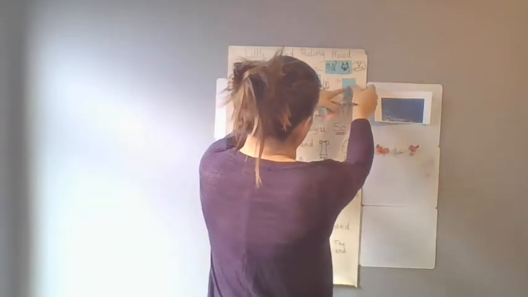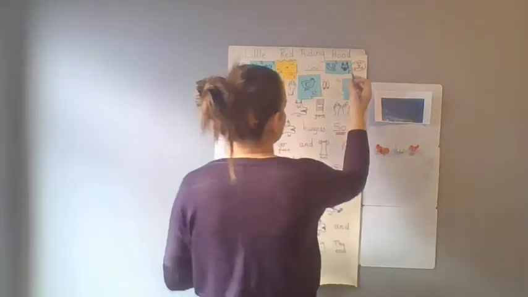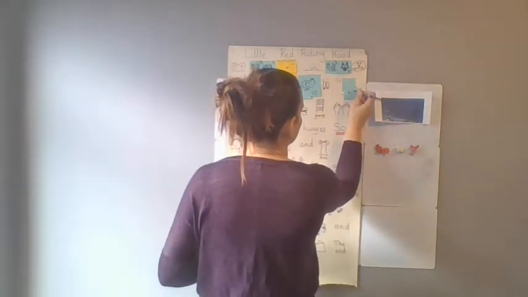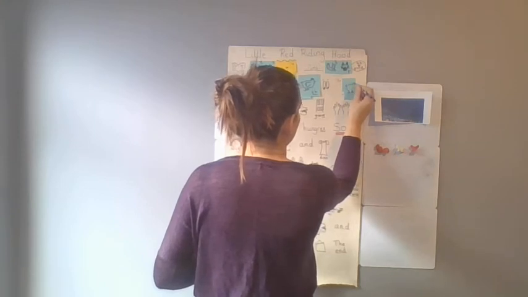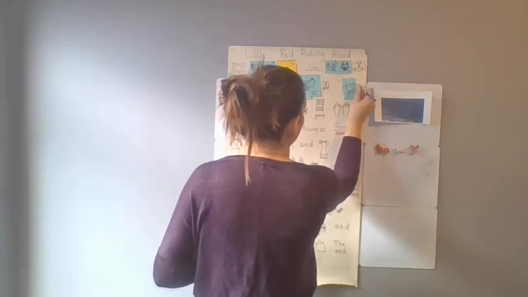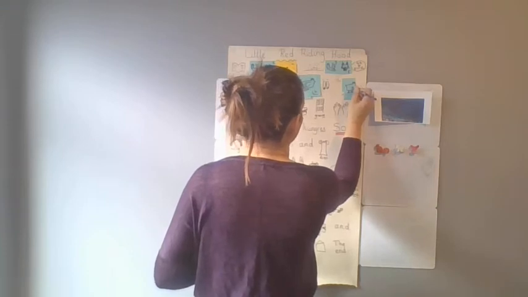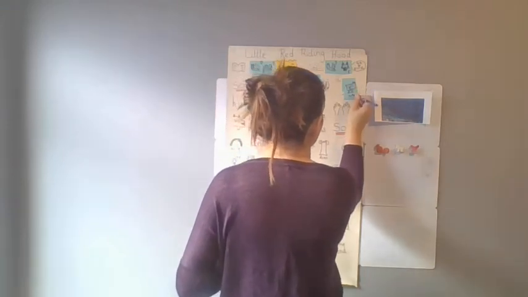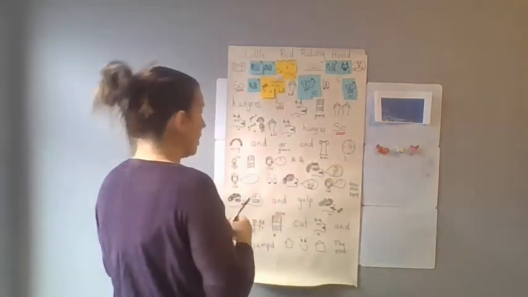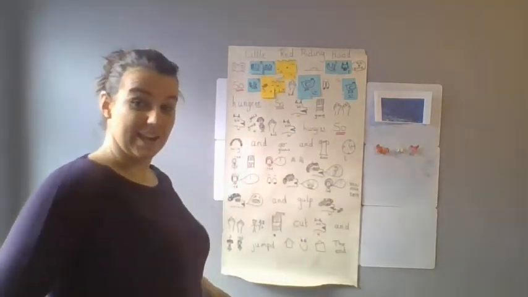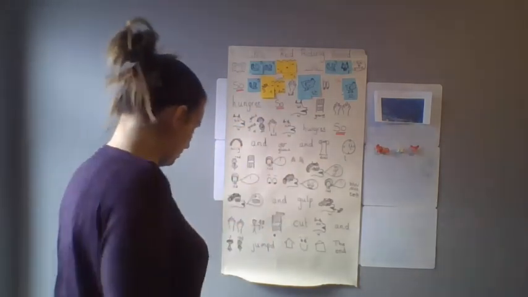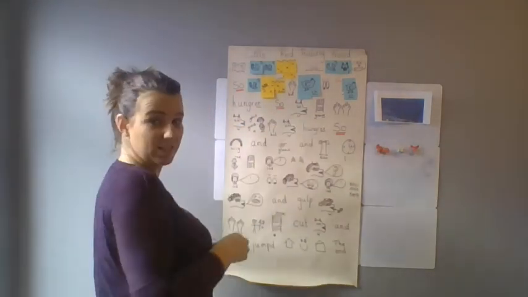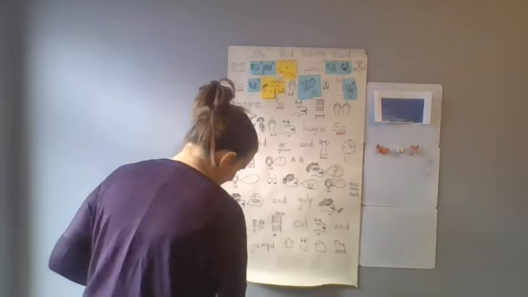So let's pop that over there and draw a chicken again. For chicken. The chicken was hungry. So, who's this? The big bad wolf. Well done.